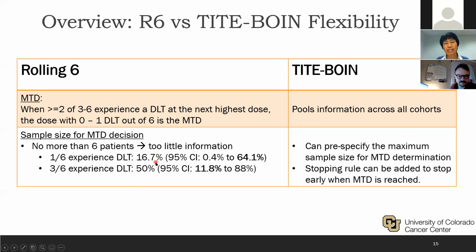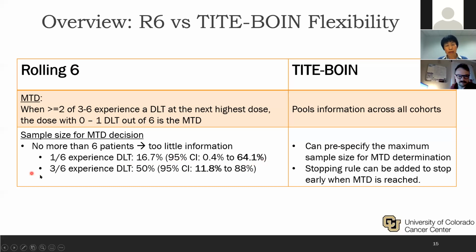The reason I say that is this: if 1 out of 6 patients experiences DLT, although the point estimate is 16.7%, the 95% upper limit can be as high as 64.1%. That means although we have 1 out of 6 experiencing DLT, the DLT rate can be as high as 64.1%.